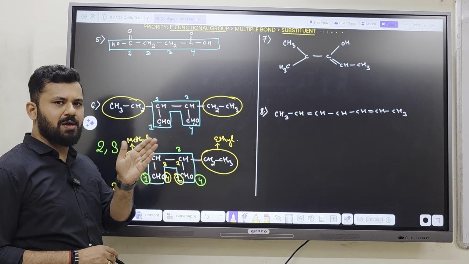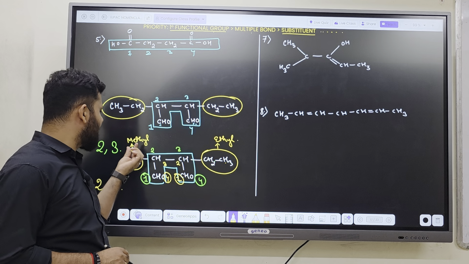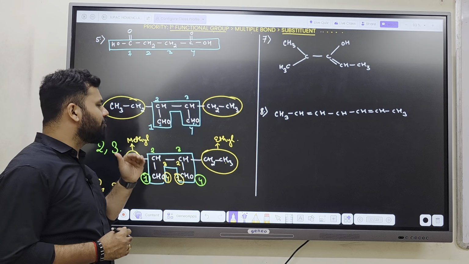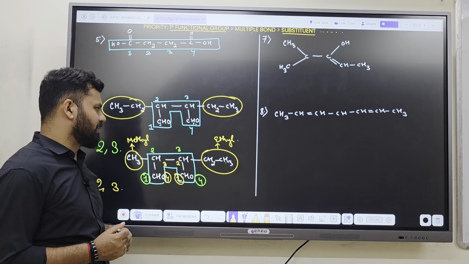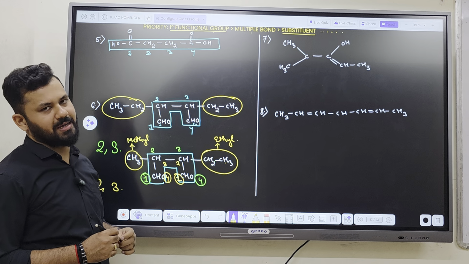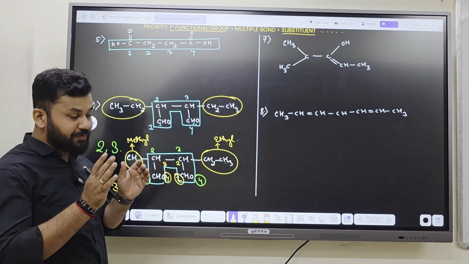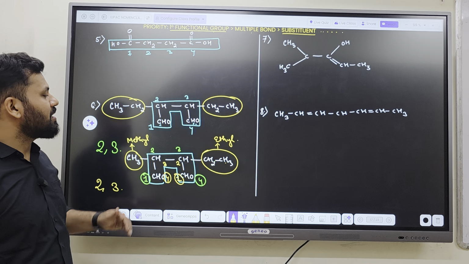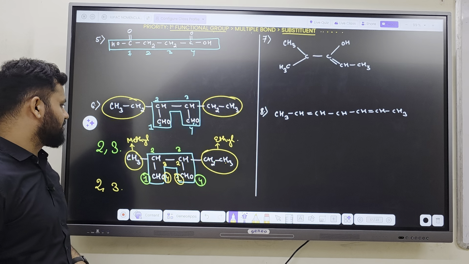Ethyl, because A, B, C, D, E. E comes first, M would occur later in the dictionary. That's what we mean by alphabetical order. The word which appears first in the dictionary is given higher preference.